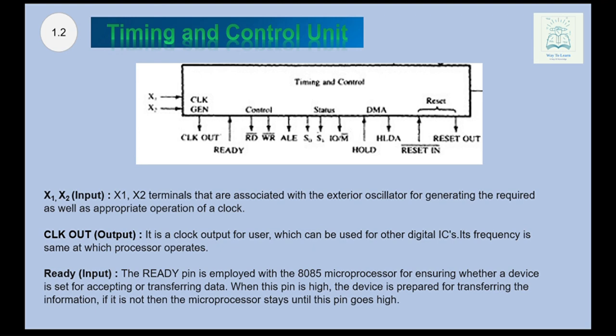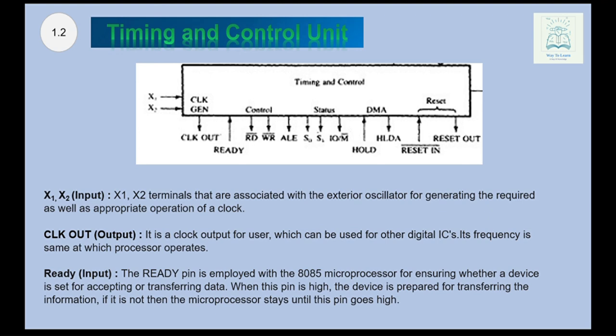When ready is high, it indicates that the input or output device is ready to send or receive data. When ready is low, the microprocessor waits till the ready becomes high. The microprocessor examines the status of the ready signal in the second clock cycle of the machine cycle. This machine cycle I will discuss in next videos.